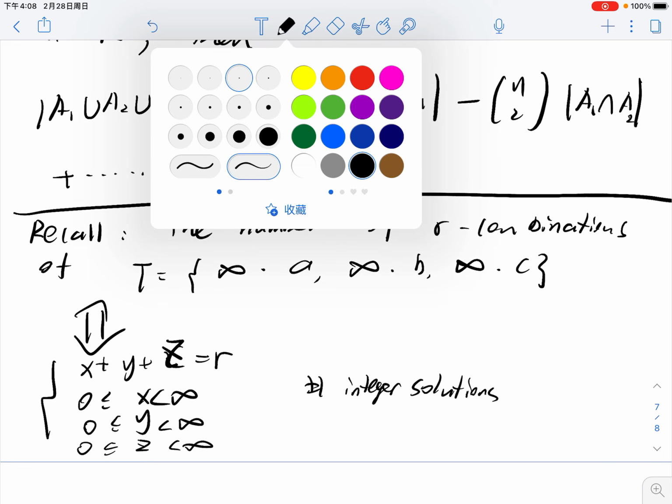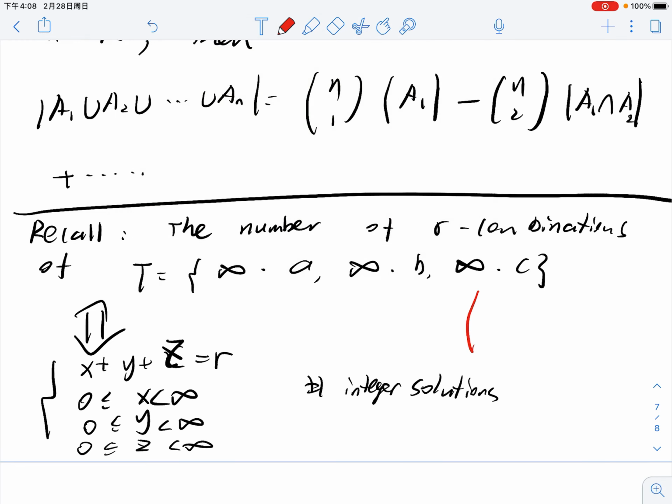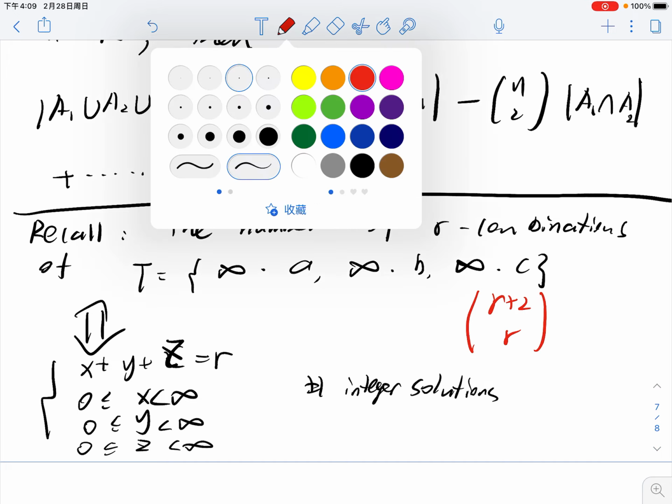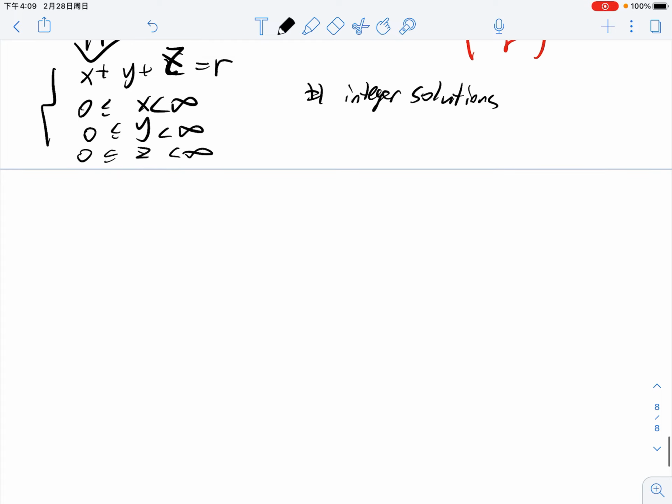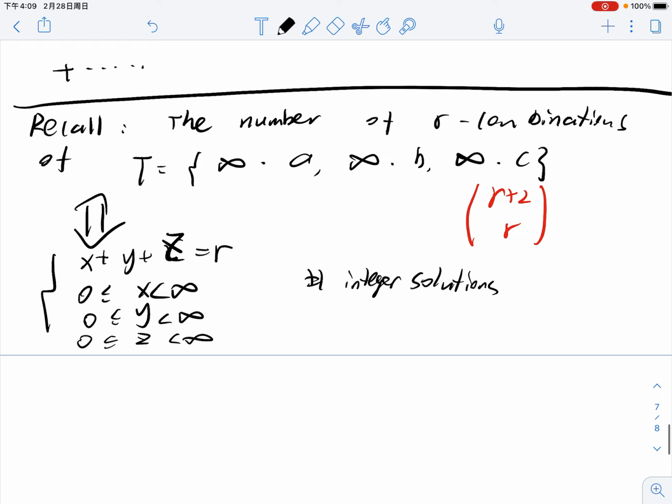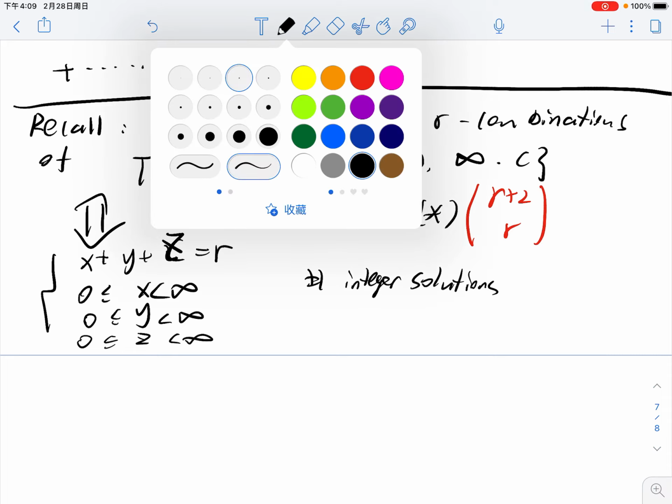And the answer is well known, R plus 2 choose R, or choose 2. So they are the same in this question. And we made a remark before that the formula star holds when the upper bound for x, y, z is larger than R.